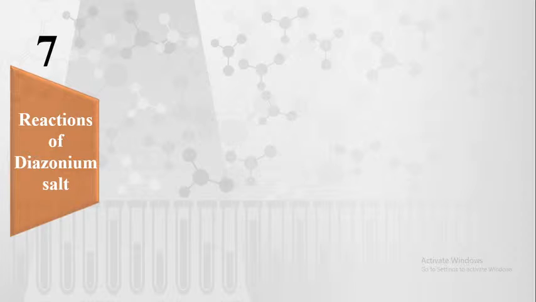There are 7 reactions. I have shown the number here, which indicates that you can prepare 7 different substituted benzenes with the help of this diazonium salt. Which are those reactions?